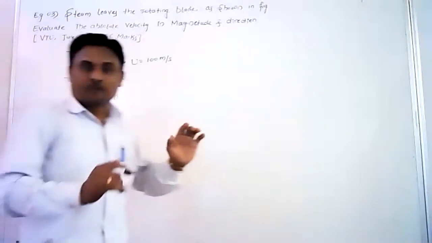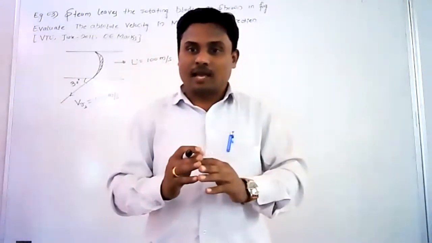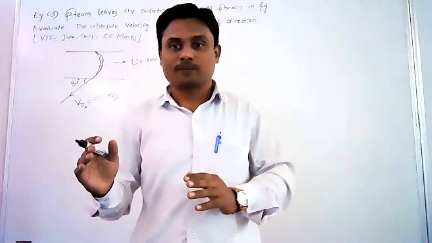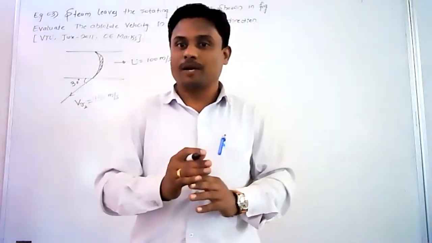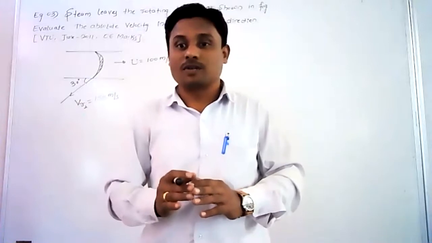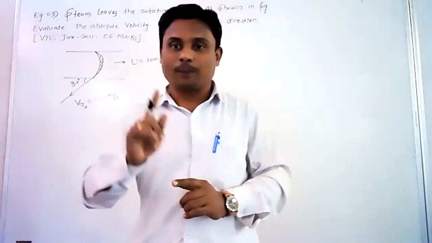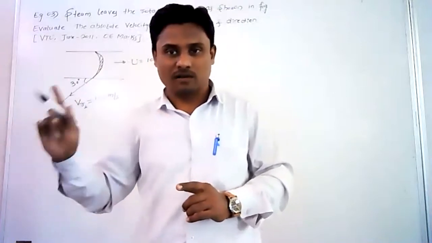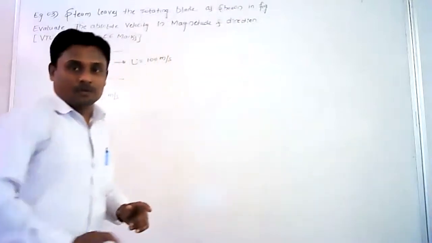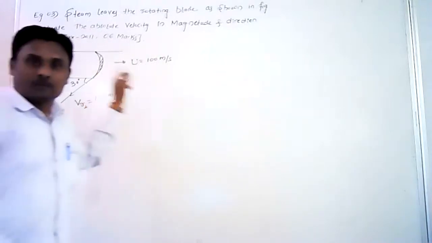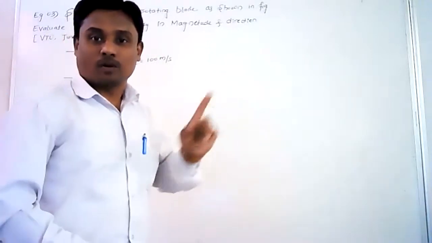We know that beta is the angle made by VR, the relative velocity component, and alpha is the angle made by the absolute velocity V. I repeat, alpha is for V, beta is for VR. Should never forget this. So for VR2, the 30 degree is nothing but beta 2.